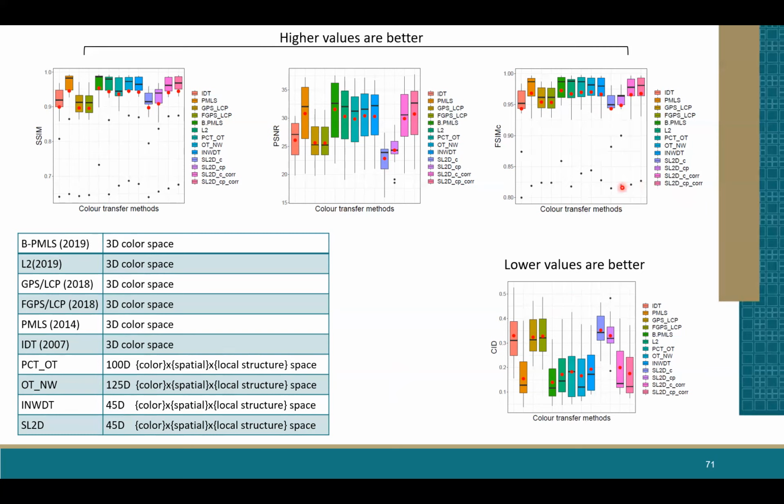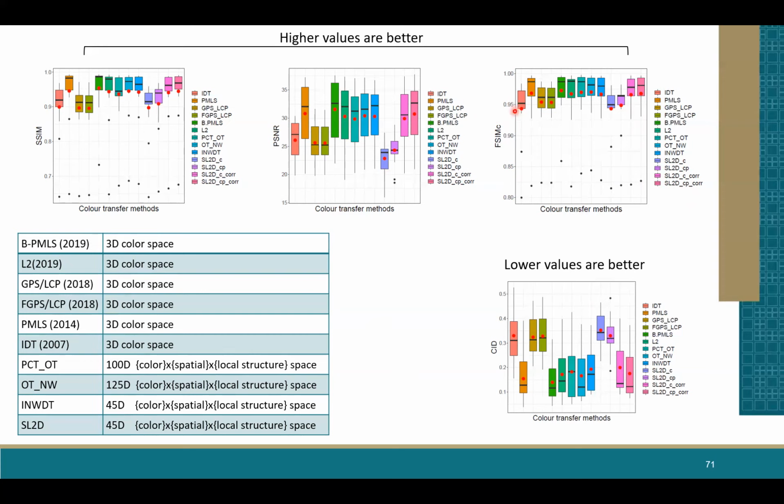Also, the iterative projection using L2, taking advantage of available correspondences, outperforms IDT, the iterative projection approach with optimal transport.